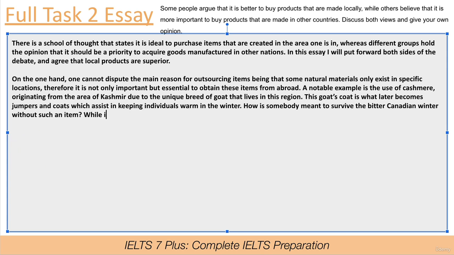Okay, while this being a necessity, that community is also being supported by buyers, and this helps them to grow.